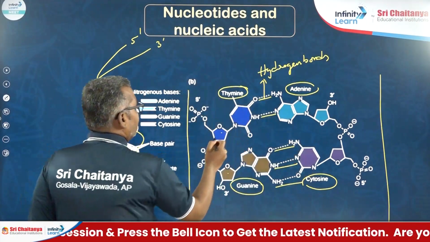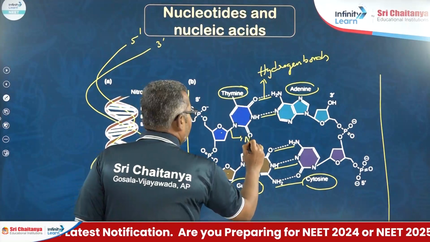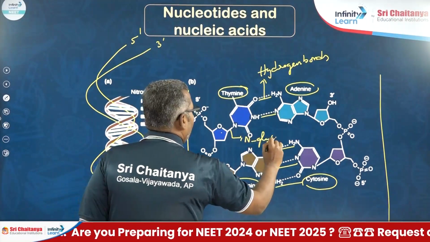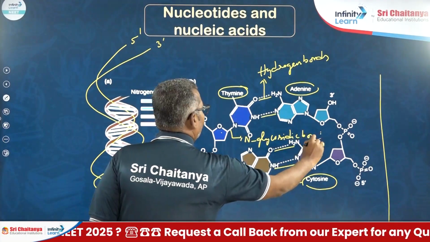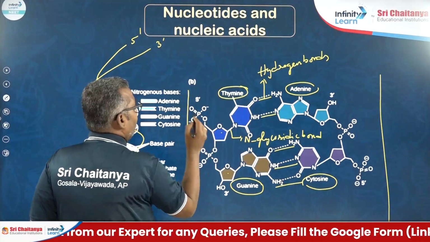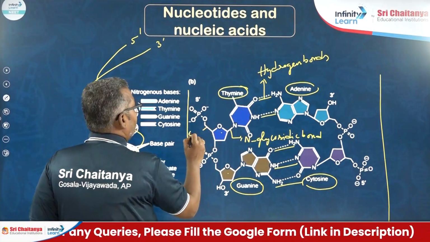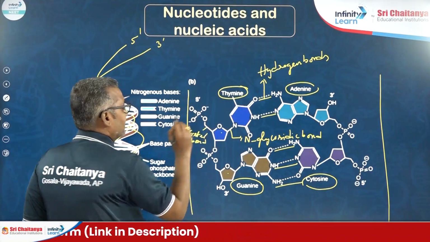This nitrogen base is linked to pentose sugar by N-glycosidic bond. And phosphate is attached to the pentose sugar by ester bond or phosphoester bond.